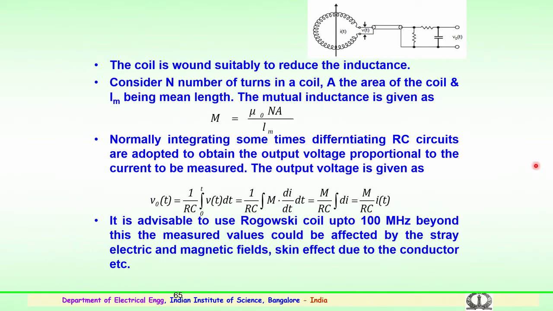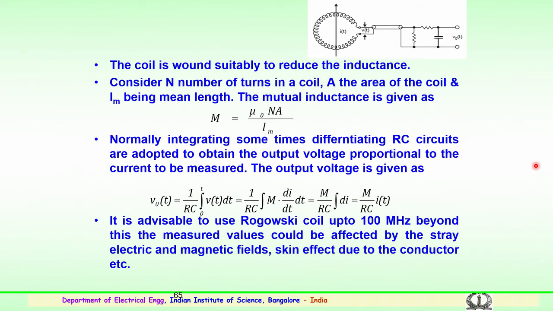Normally, Rogowski coils could be of the integrating type, or sometimes, if required, the differentiating type. Here suitable circuits are adopted to obtain an output voltage which is proportional to the current to be measured.